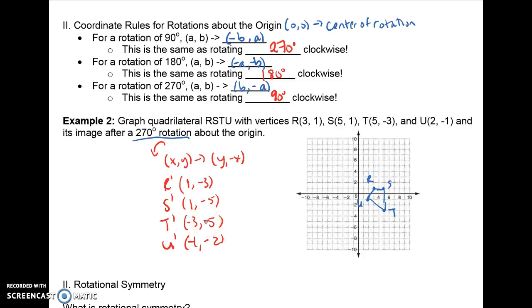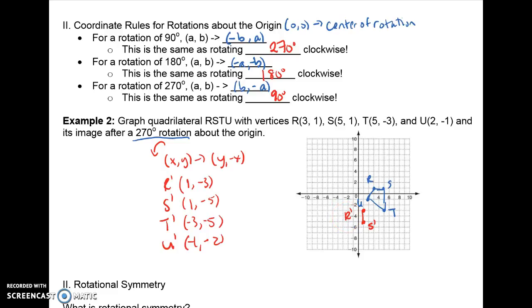Okay? And then let's go ahead and graph and label your points. (1, negative 3) is my R prime. (1, negative 5) is my S prime. T prime is (negative 3, negative 5).